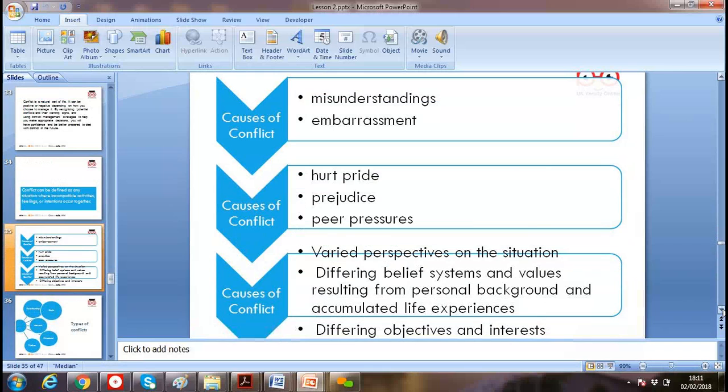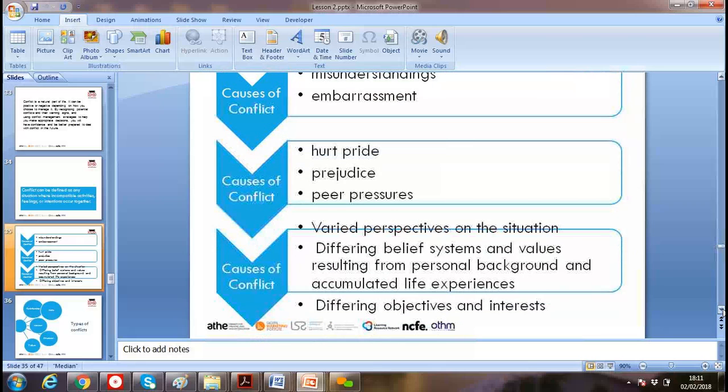Causes of conflict: varied perspectives on the situation, belief systems and values resulting from personal background, accumulated life experience, and objectives and interests could lead to conflict.